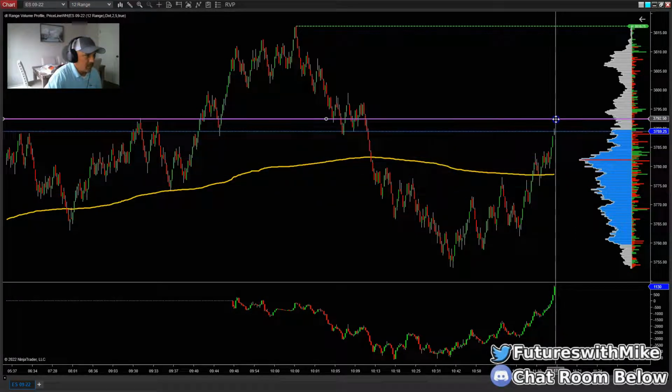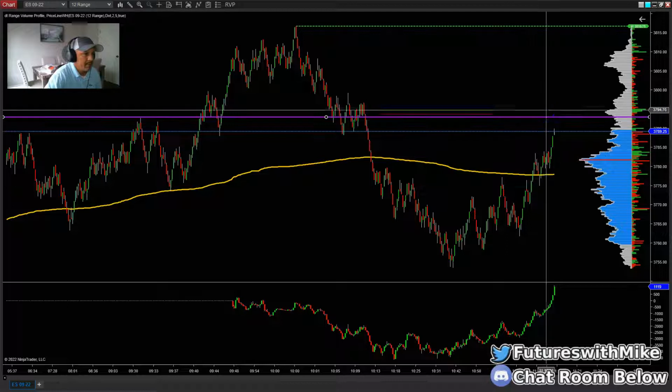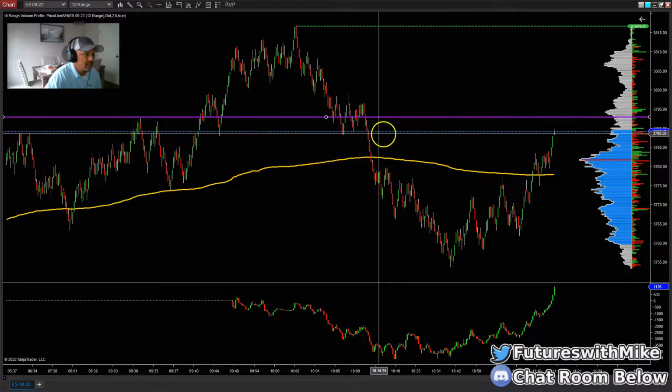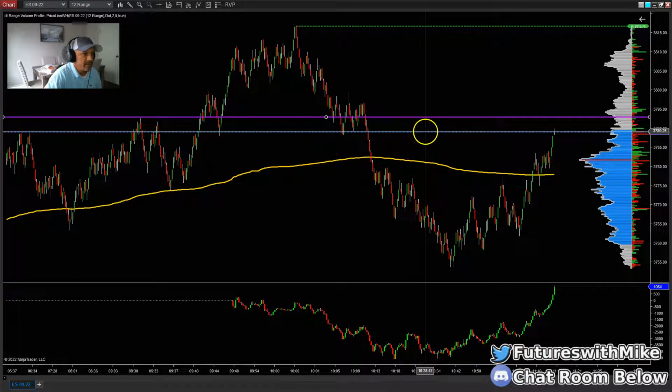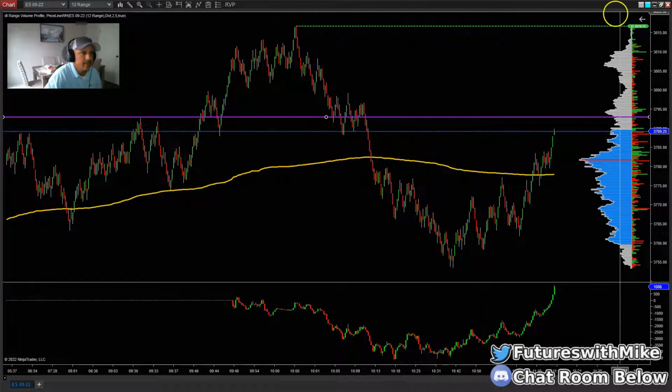I would be looking for maybe something to happen back up in this area here. This is resistance right here, guys. So price can react here.